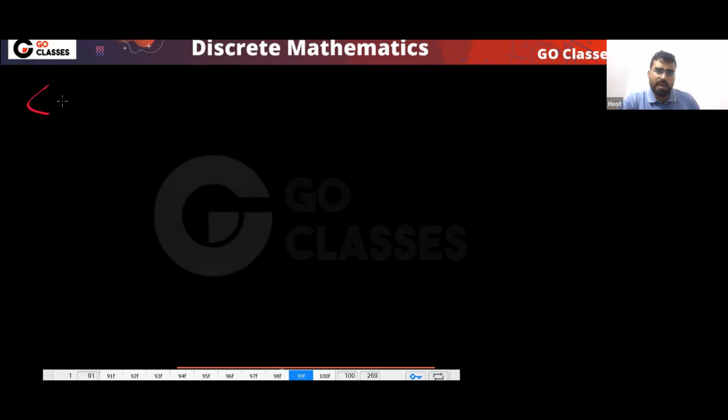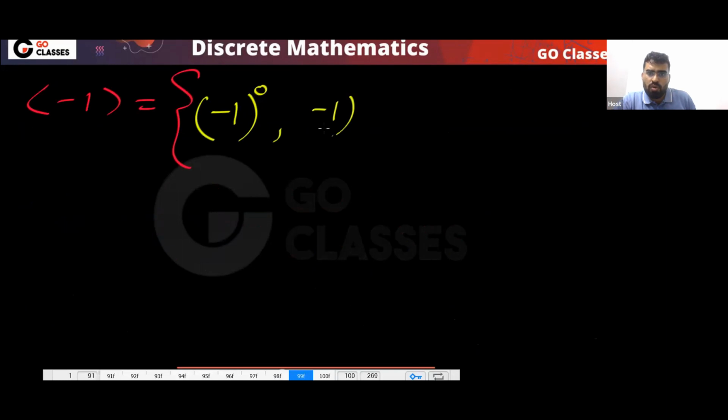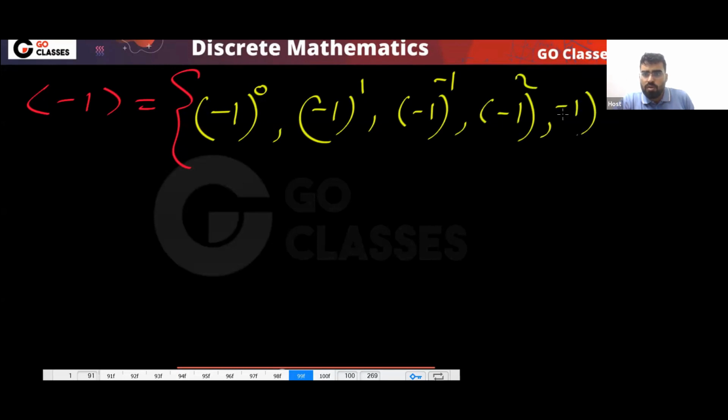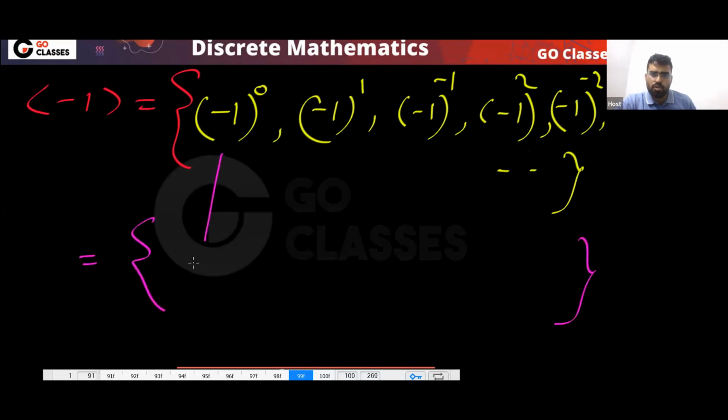What is the subgroup generated by -1? That will be -1 power 0, -1 power 1, -1 power -1, -1 power 2, -1 power -2, and so on. What is -1 power 0? That will be your identity element.